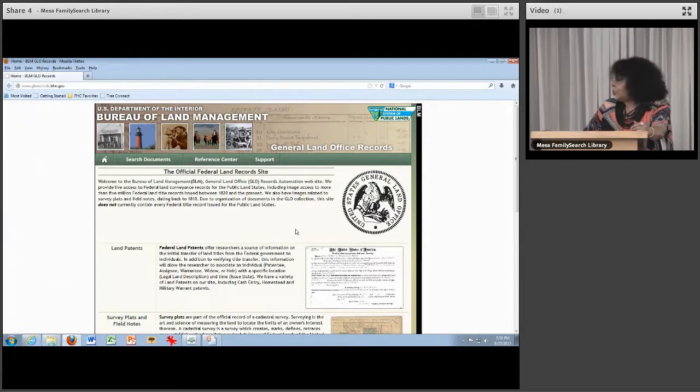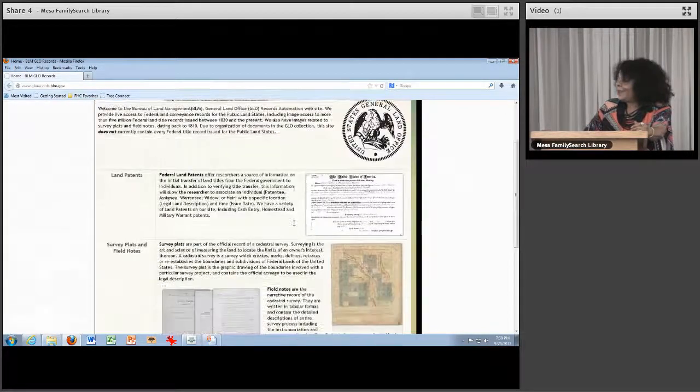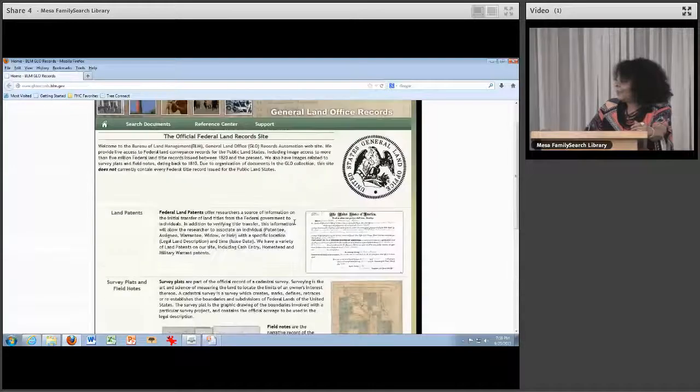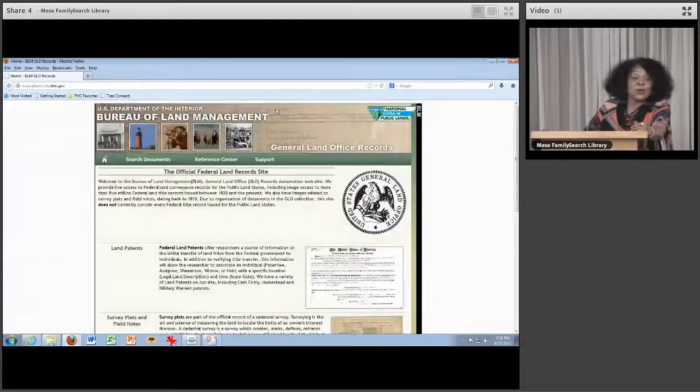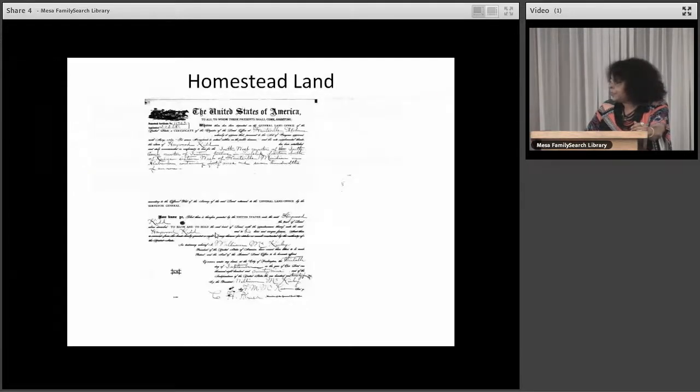In most cases, you just applied. You can go right here and check it out. See if your ancestor was given homestead land, especially those researching in Oklahoma and some of the well-known homestead states.